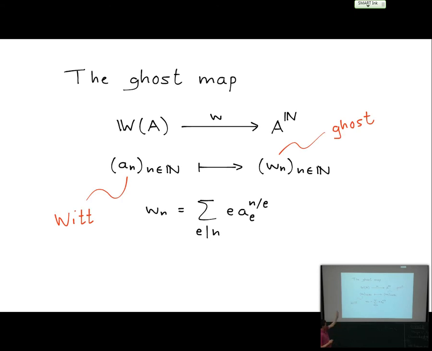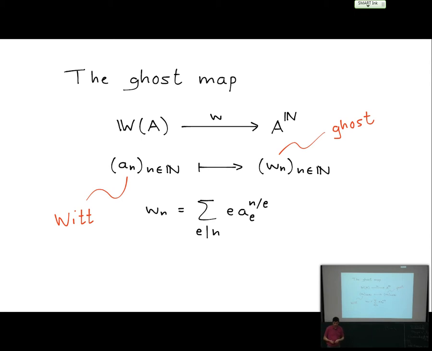The sequences on this side are called the Witt coordinates of the vector, and the w's that correspond to that are called the ghost components of the vector. If A is flat over the integers, or if it's torsion-free as an abelian group, then this map is injective.